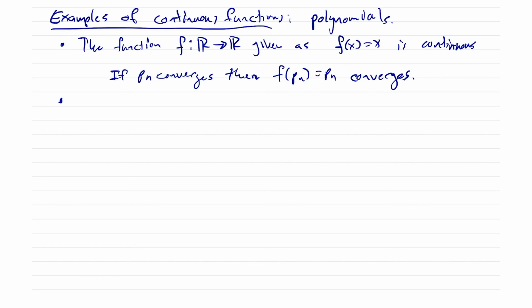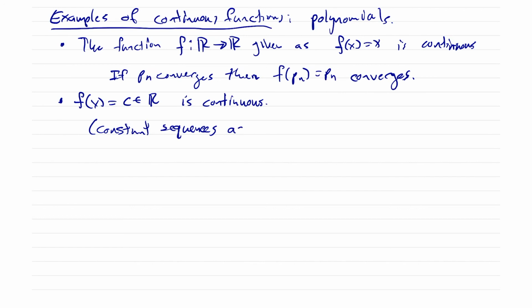Another one, f of x being equal to a constant is continuous. And that's because constant sequences are convergent. Okay, not bad. And then after that, we have products.